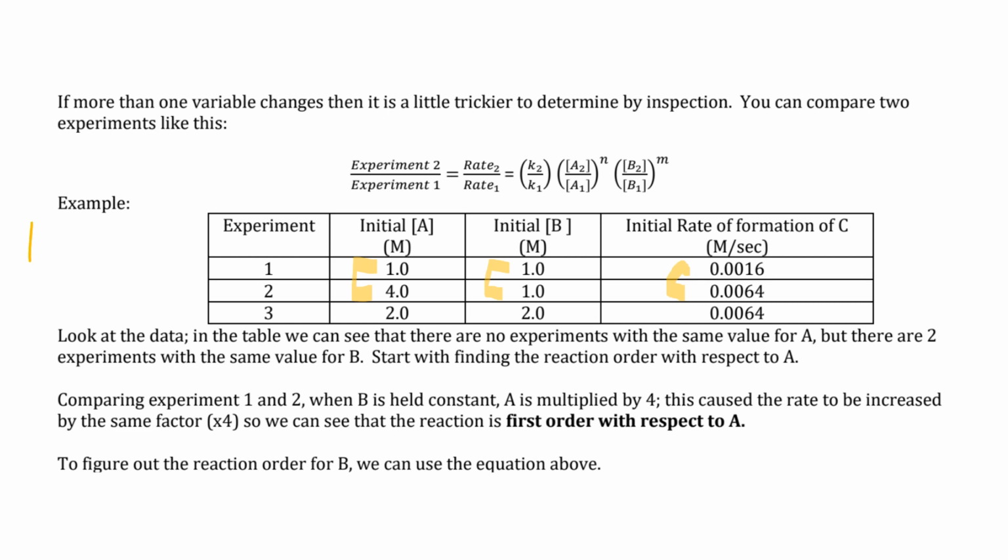To get from 1 to 4, it needs to be multiplied by 4. To get from 0.0016 to 0.0064, it's also multiplied by 4. So that makes the reaction first order with respect to A. To figure out the reaction order for B, you can use the equation above to do so.